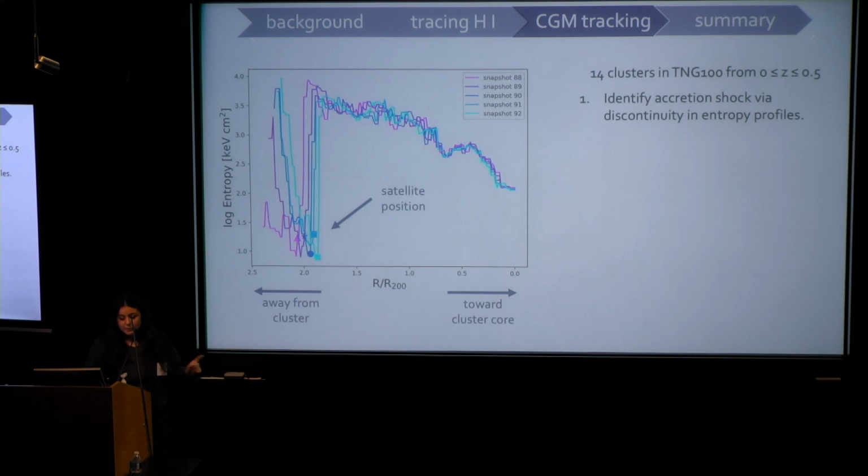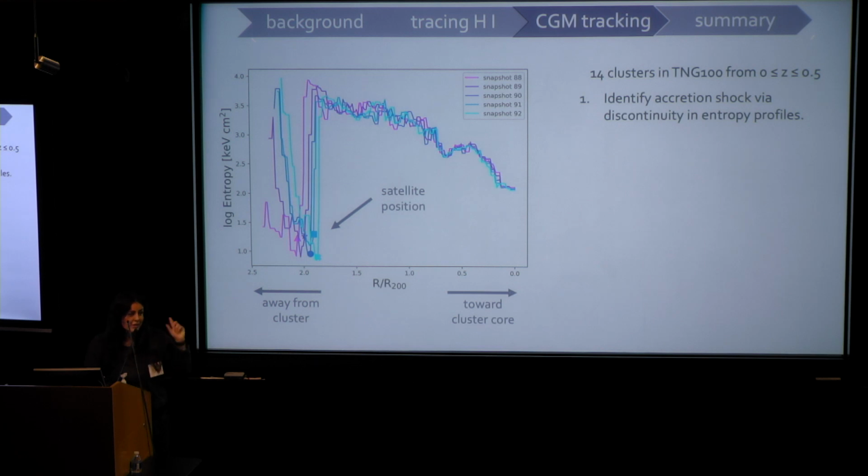Going from pink here, you can see it hasn't entered the accretion shock yet. This is entropy on the y-axis and the impact parameter R over R200 on the x-axis. As it gets closer to the cluster core, you can see these values rising in entropy. That is it encountering the accretion shock, that's it passing through the shock.